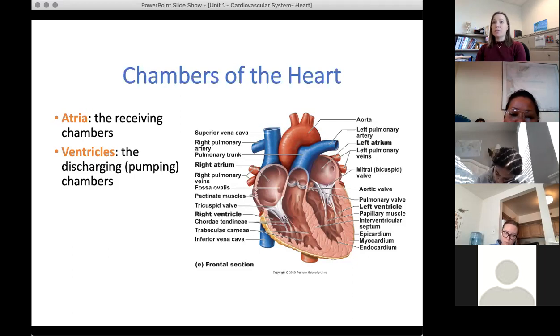So the bicuspid valve is located between the left atrium and the left ventricle. So it's on the left side, between the left atrium and the left ventricle. And it's called the bicuspid valve because bi means two. So it consists of just two flaps of tissue.